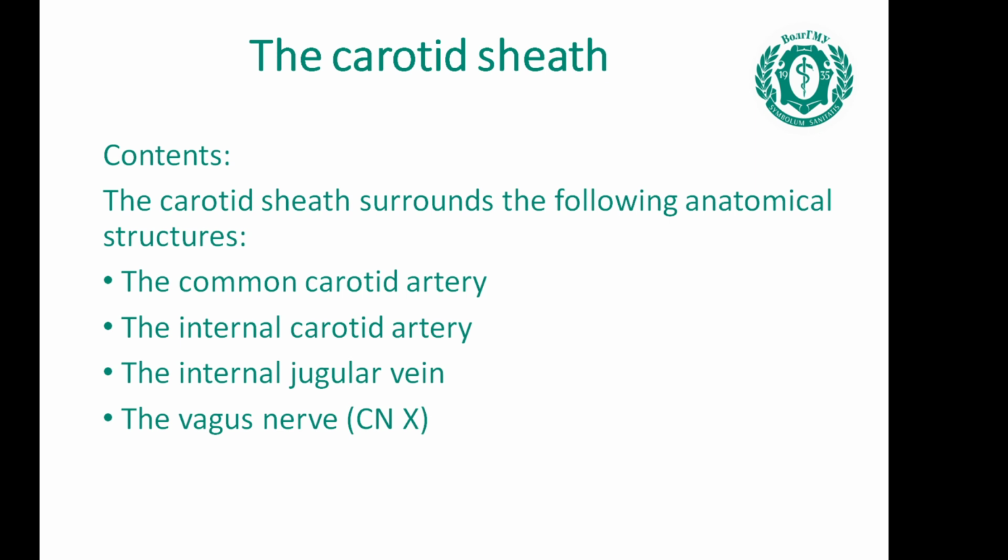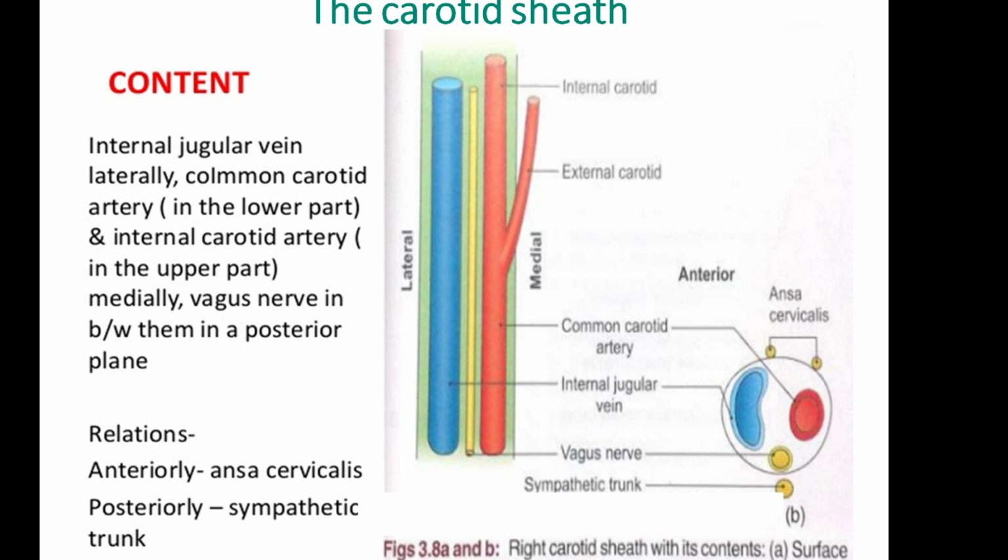The carotid sheath surrounds the following anatomical structures: the common carotid artery, the internal carotid artery, the internal jugular vein, and the vagus nerve. Internal jugular vein laterally, common carotid artery in the lower part, and internal carotid artery in the upper part.